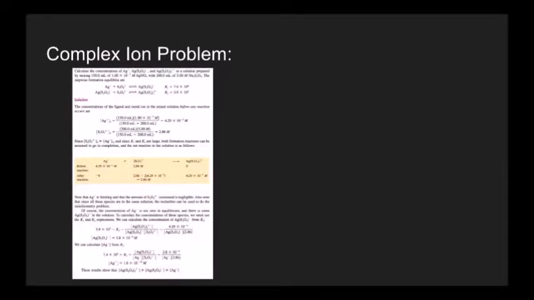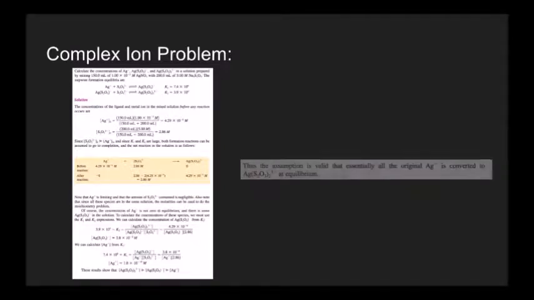Complex ion problem. Calculate the concentrations of Ag+, Ag(S2O3)-, and Ag(S2O3)2 3- in a solution prepared by mixing 150 milliliters of 0.001 molar AgNO3 with 200 milliliters of 5 molar Na2S2O3. First, you want to see that the K1 and K2 constants are relatively high.